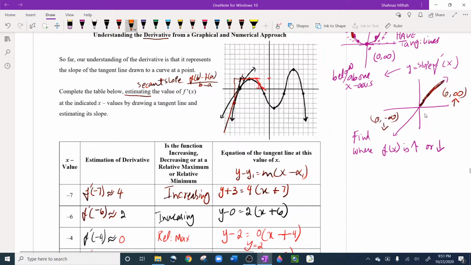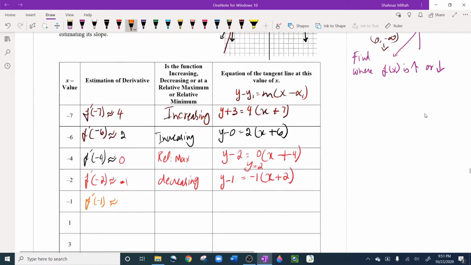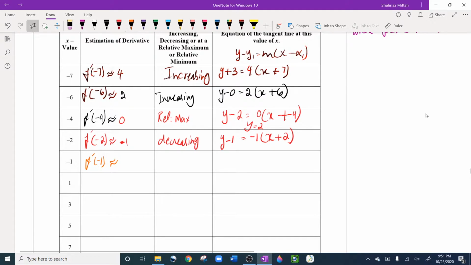Here is negative 1, and if I draw a tangent line, it's negative, and then negative tangent line means 1, 2, and 1. So that's negative 2, like I'm falling 2 and running 1. So that's negative 2. It's decreasing still because this is negative. The slope of the tangent line is negative.